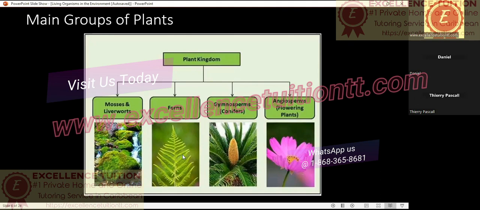And then you have the gymnosperms and the angiosperms, right? So gymnosperms are seed producing plants. You could also call them conifers. They produce seeds like pine cones. That would fall under gymnosperm.